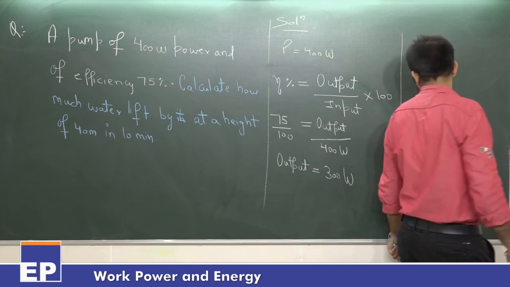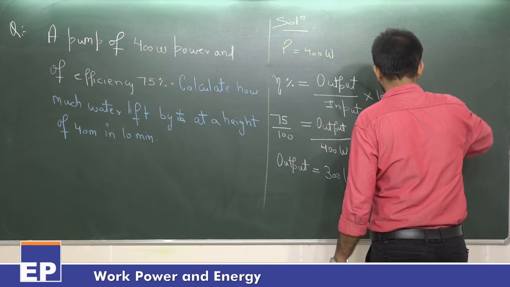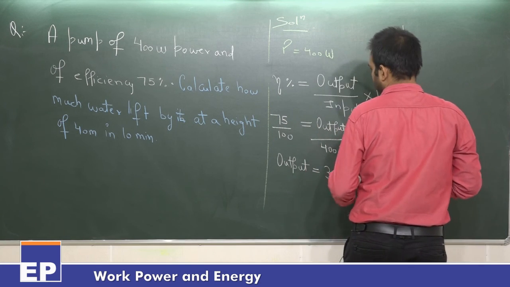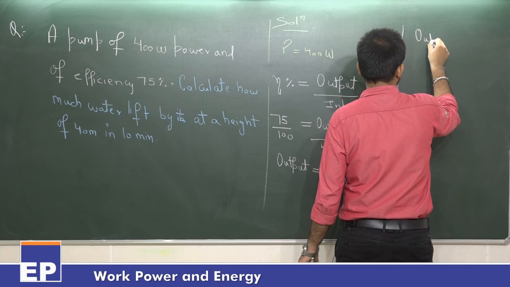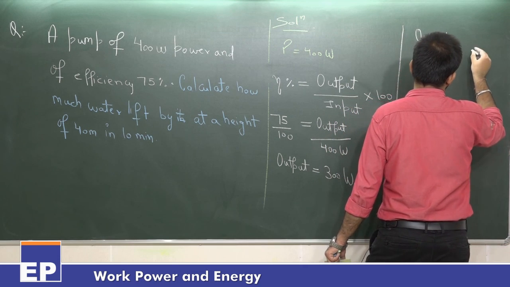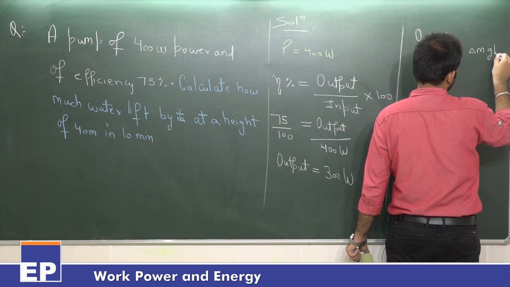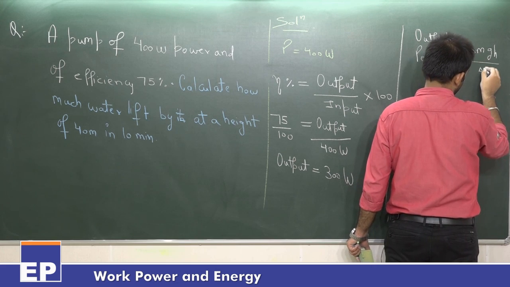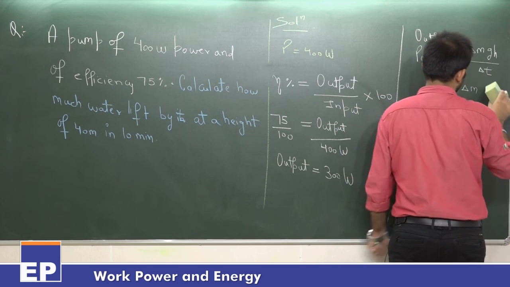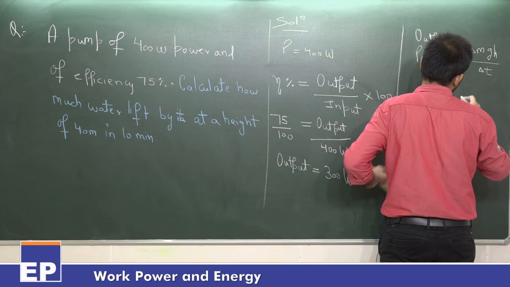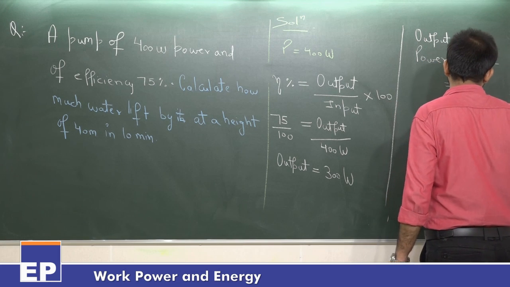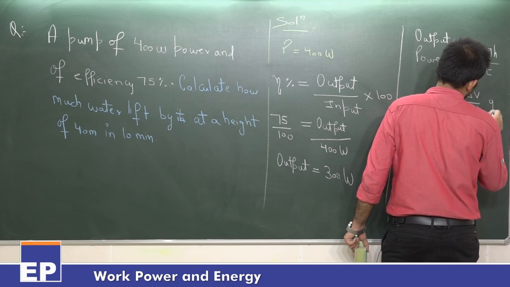If it is 300 watt, the output is used. In what work is the output power used? It is the work done, delta m into g into h by delta t. That is delta m, which is rho into delta v by delta t, into g into h.